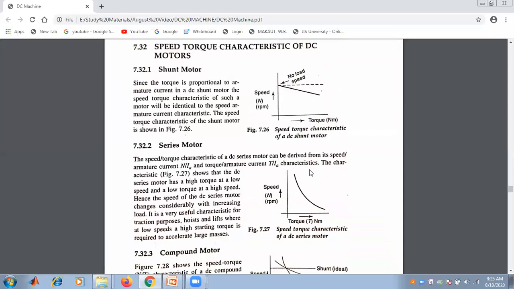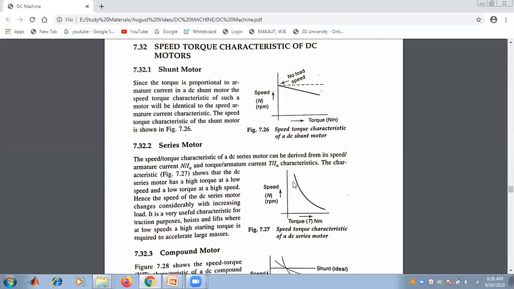Now, the series motor. The speed torque characteristics of a DC series motor can be derived from its speed armature current and torque armature current characteristics. This is the speed versus torque characteristics for the DC series motor.